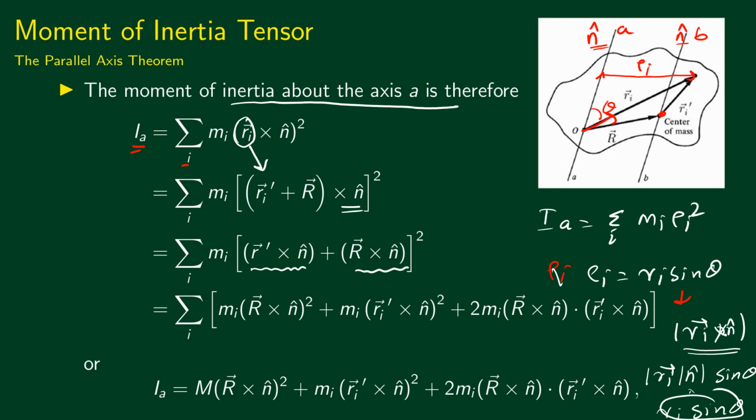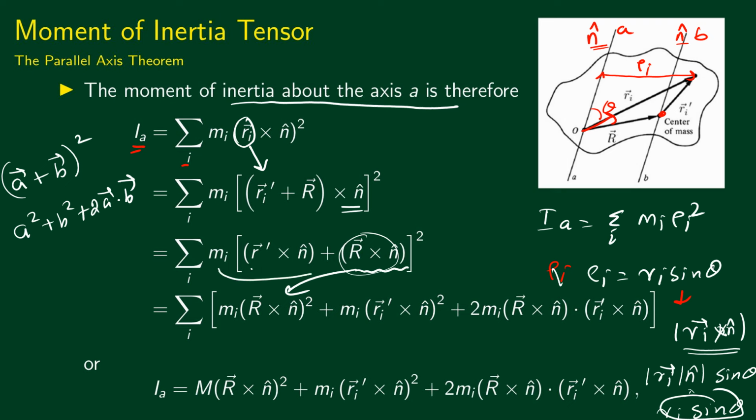Now we just square this thing. Here we have got the square of the sum of two vectors, a vector plus b vector whole square. This would be a square plus b square plus 2a vector dot b vector. So that's what we do here. Here we have got the square of the second term, R cross n hat square, and I'm just distributing this mi to both terms in here.